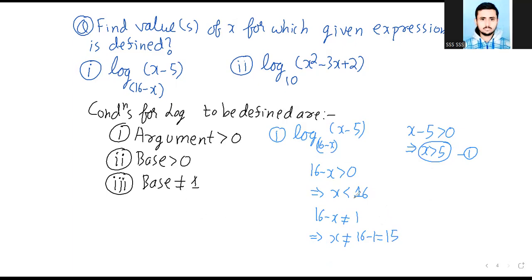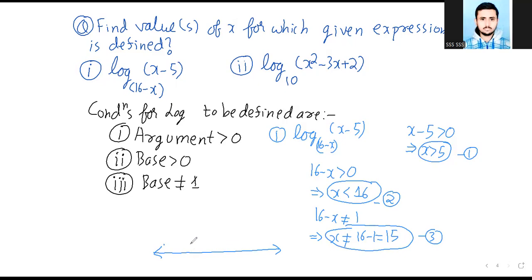This means we have three conditions. The first condition is x is greater than 5. Second condition is x is less than 16. And third condition is x is not equal to 15. So let's combine the three conditions. I'm drawing a number line. We have relevant points as 5, 15, and 16.